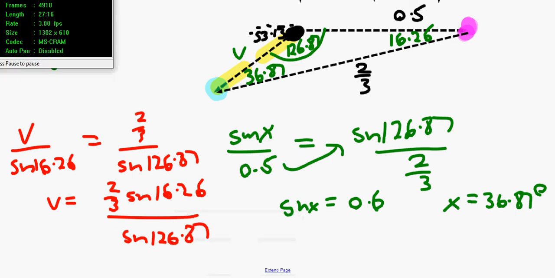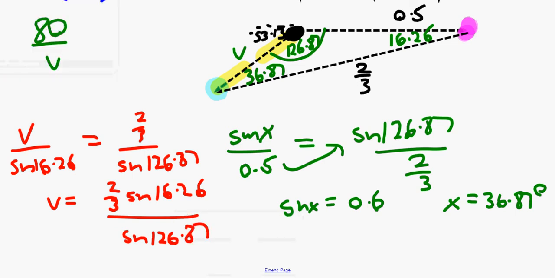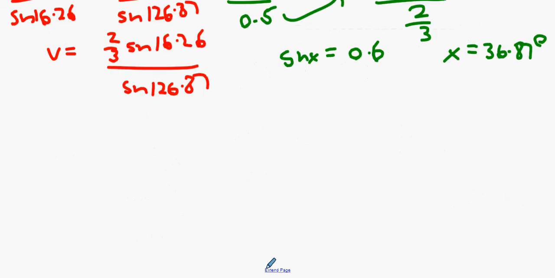All done. And then what we find out, for some reason I used the cosine rule, I have no idea why. I'll just put this in my calculator, 2 over 3, just to make sure I'm definitely right.